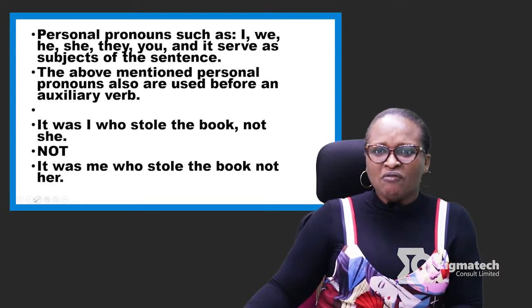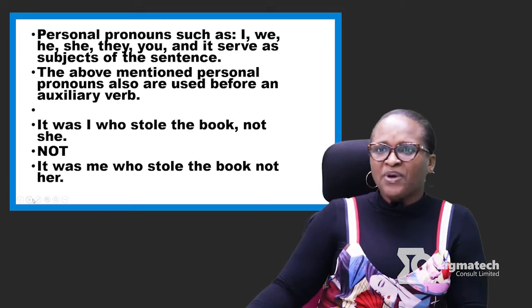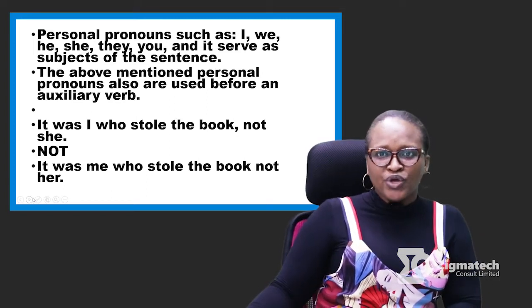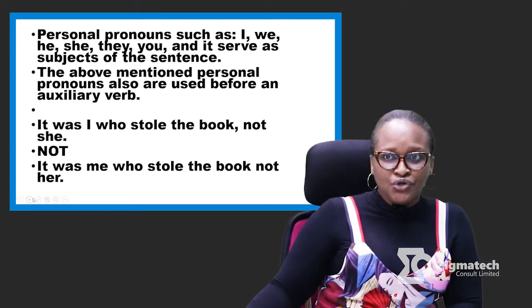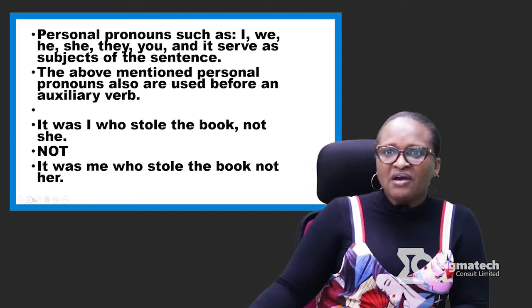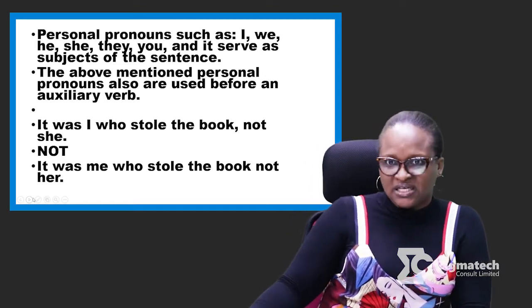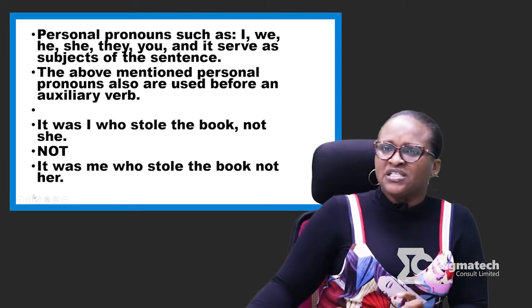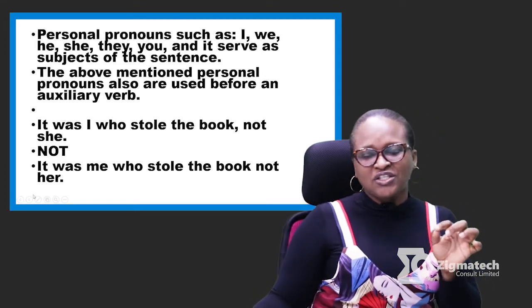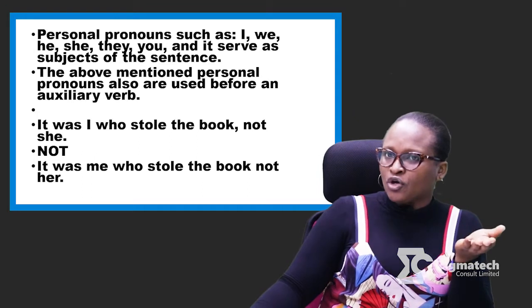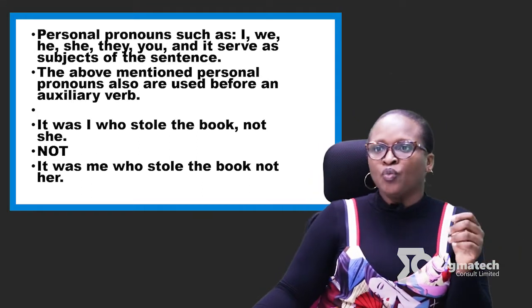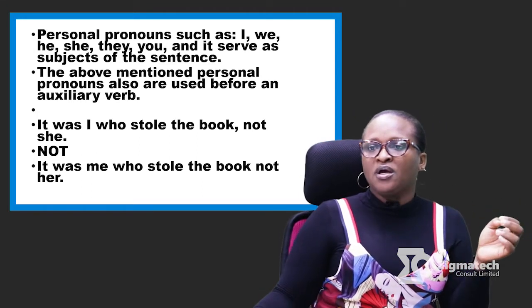Now, looking at the conventional rule, number 1 says that personal pronouns such as I, we, he, she, they, you, and it serve as subjects of the sentence. What do we mean by serving as the subject of the sentence? They are the doers of the action. They have to kick off the sentence structure where you do not wish to use your noun, you use your pronoun.